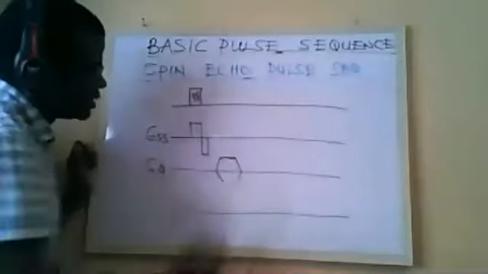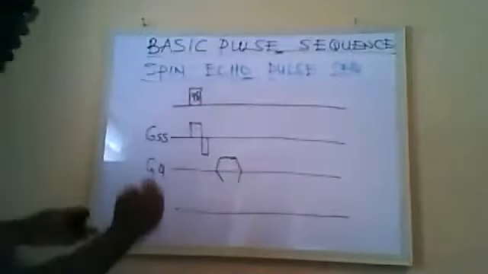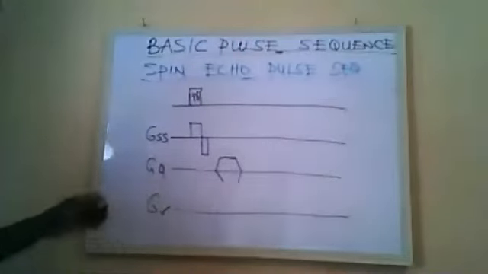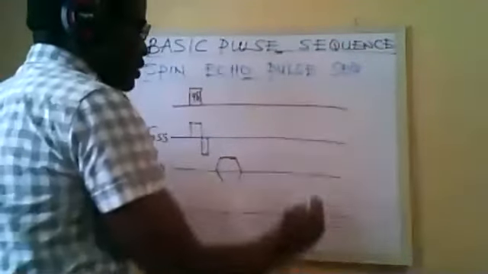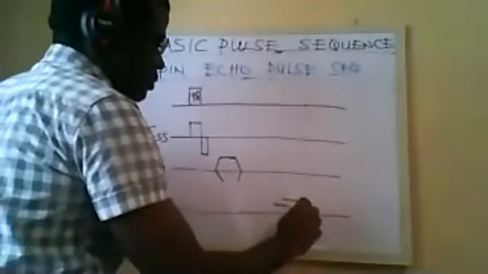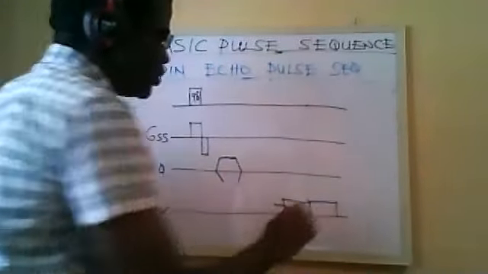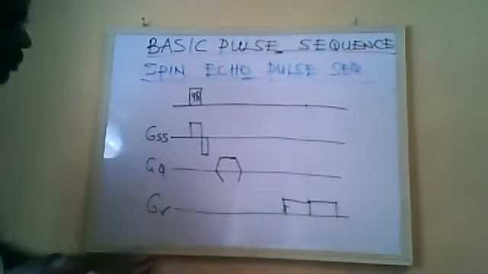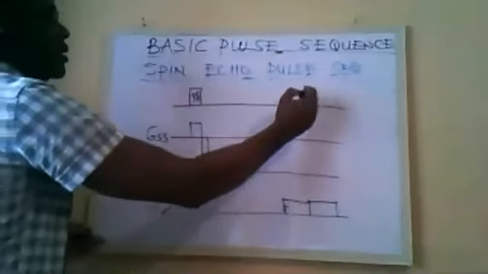Then we now apply our phase encode gradient for one iteration. Then from there, let's go to our frequency encode gradient. We want to sample at a time TE, to sample it at the middle of TE. But one thing here is, in between, this is our TE.